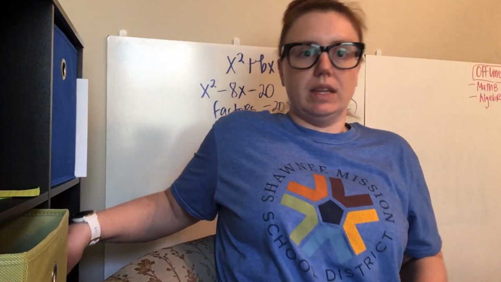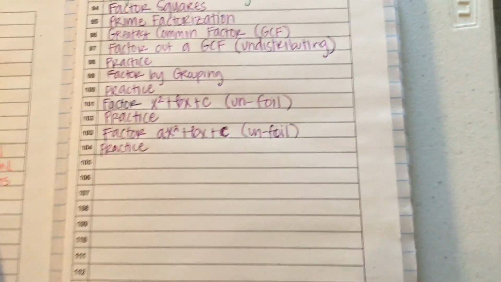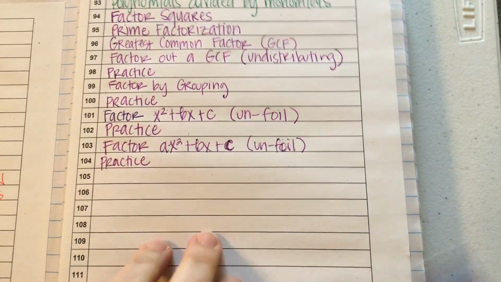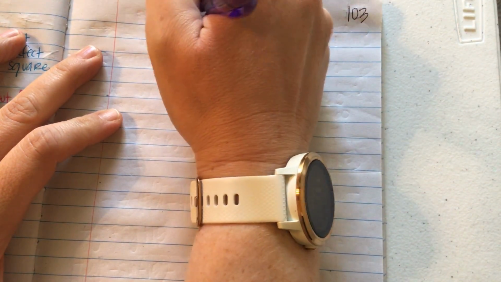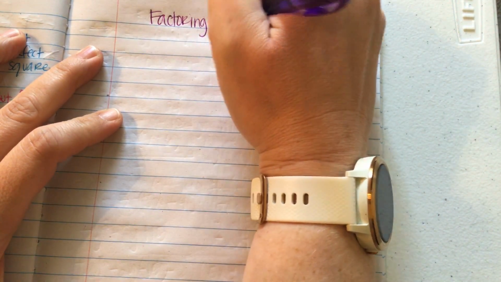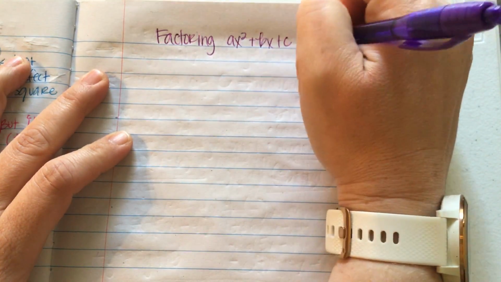So let's start. I'm going to reverse and turn, and here we go. Factoring ax squared plus bx plus c, which is again unfoiling.